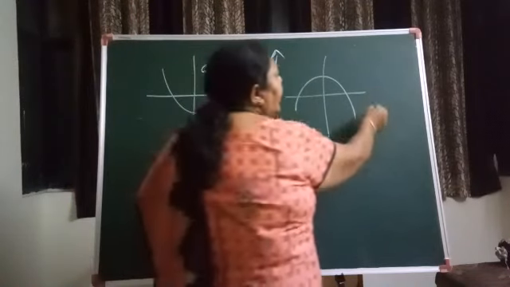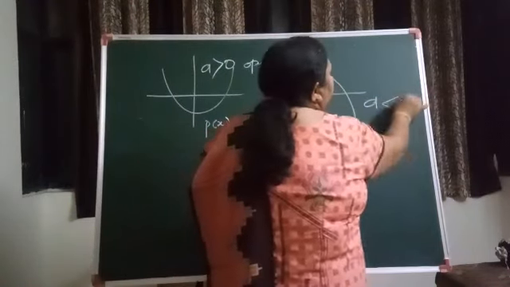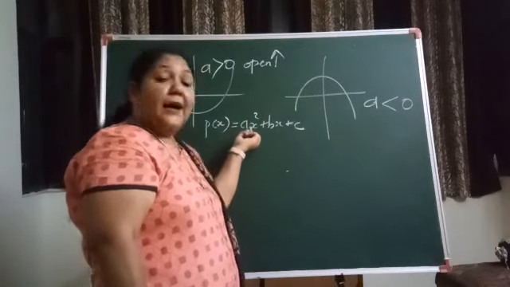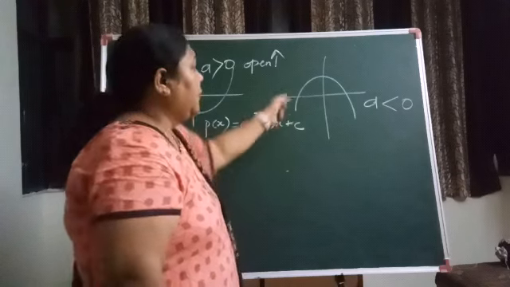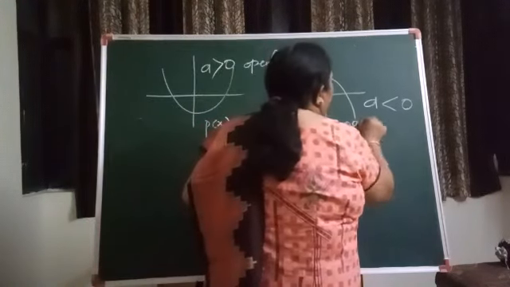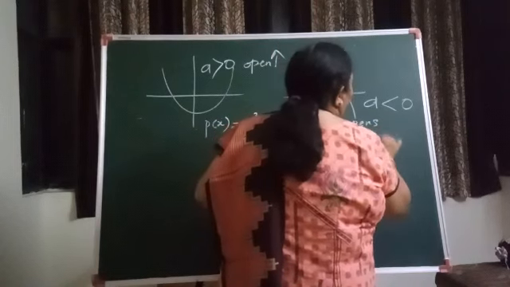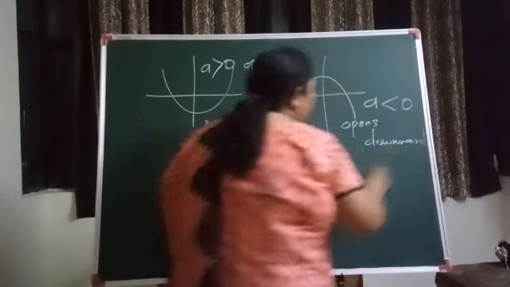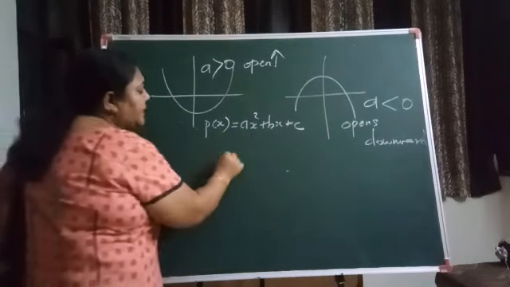And in the second case, if a is less than 0, that is, the coefficient of x square is a negative term, then it will open downward. So then we will say that it opens downwards.